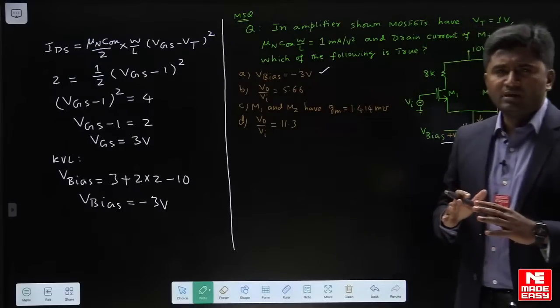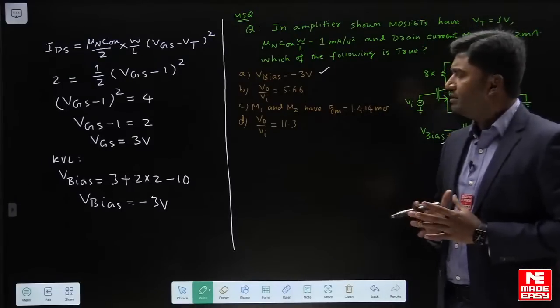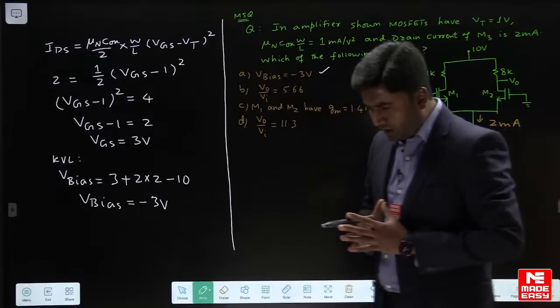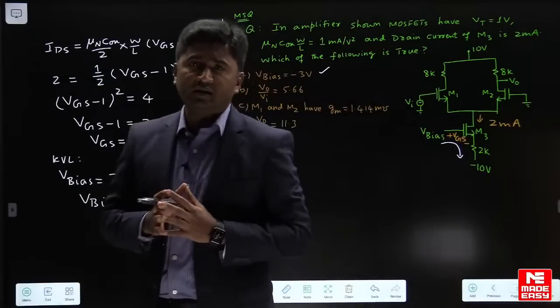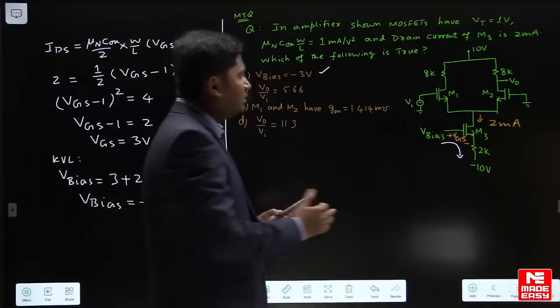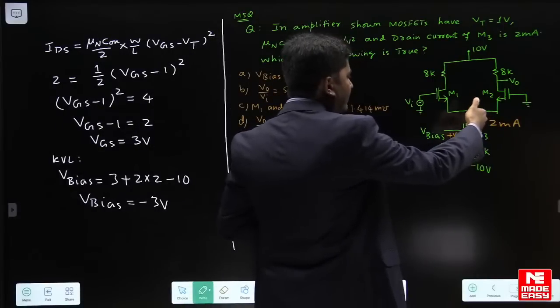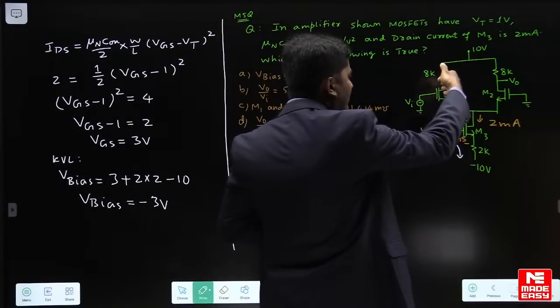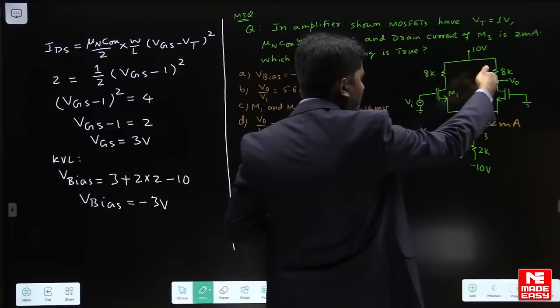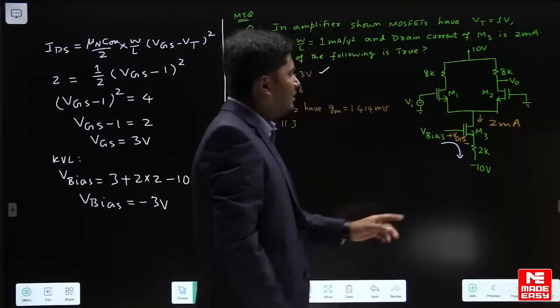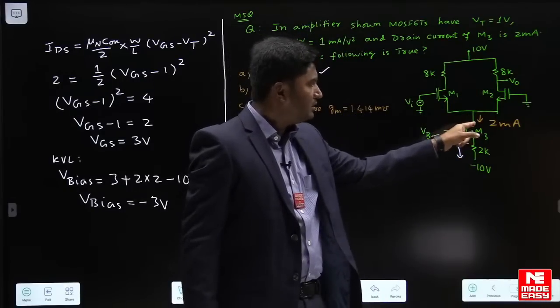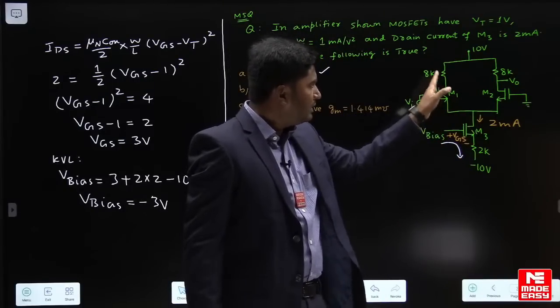It is a multiple select question, so let us try other calculations also. We will now find out transconductance for M1 M2. Now this current 2 milliampere will divide equally, 1 milli will flow here and 1 milli will flow here. In a differential amplifier whatever current flows in this branch, that current will divide equally into these two MOSFETs.